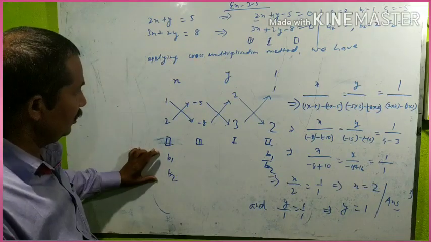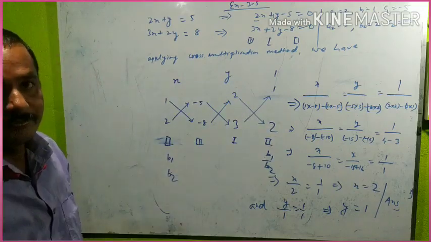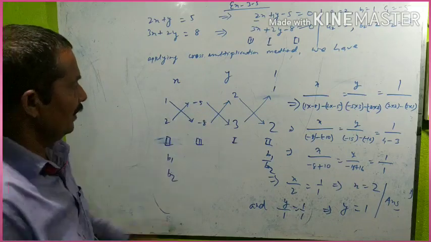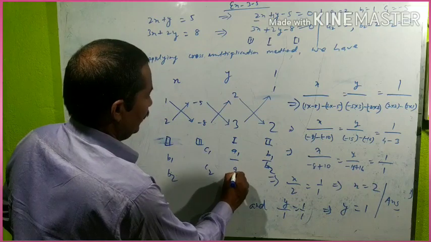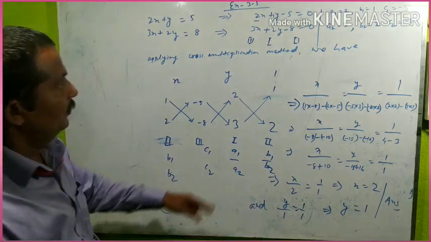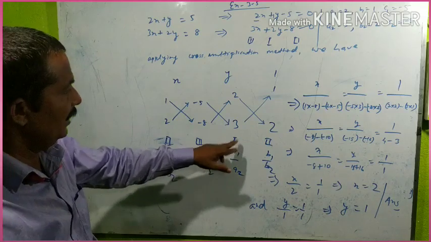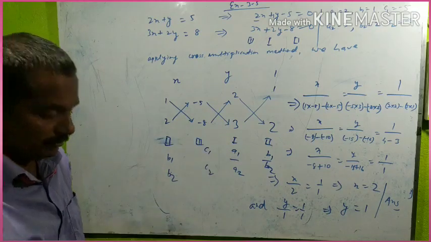First b1 b2, last also b1 b2, 1 by 2 1 by 2, and here c1 by c2, a1 by a2, c1 by c2, a1 by a2. Look here, c1 by c2 and a1 by a2. This is the form now.